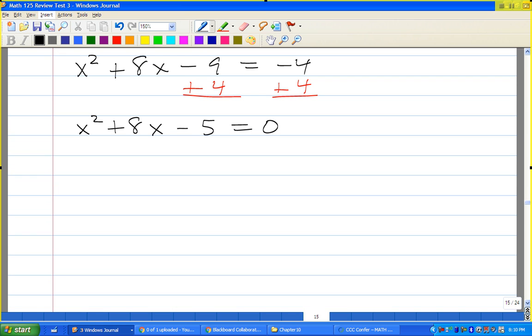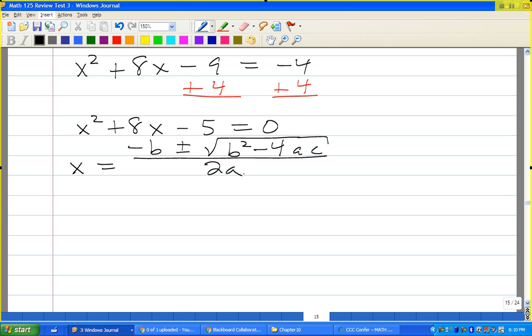So let me use the quadratic formula. And so x is equal to negative b plus or minus the square root of b squared minus 4ac all over 2a.